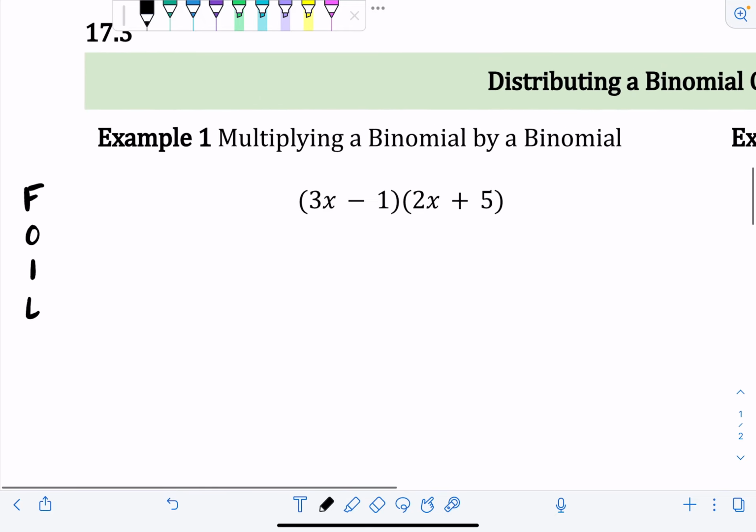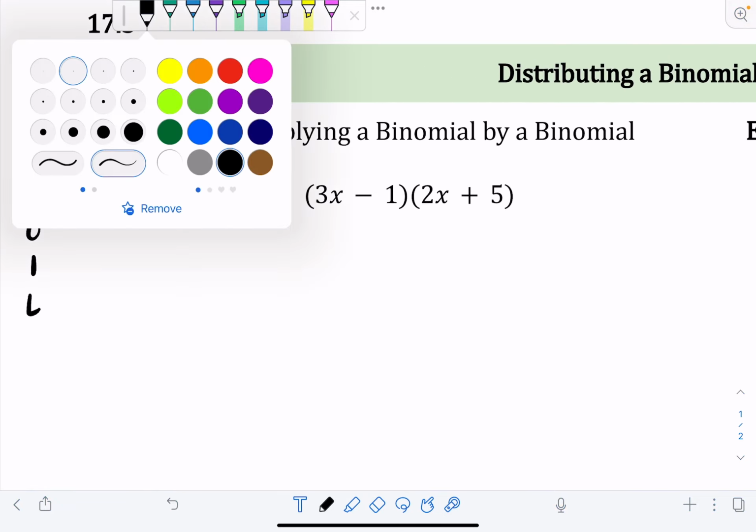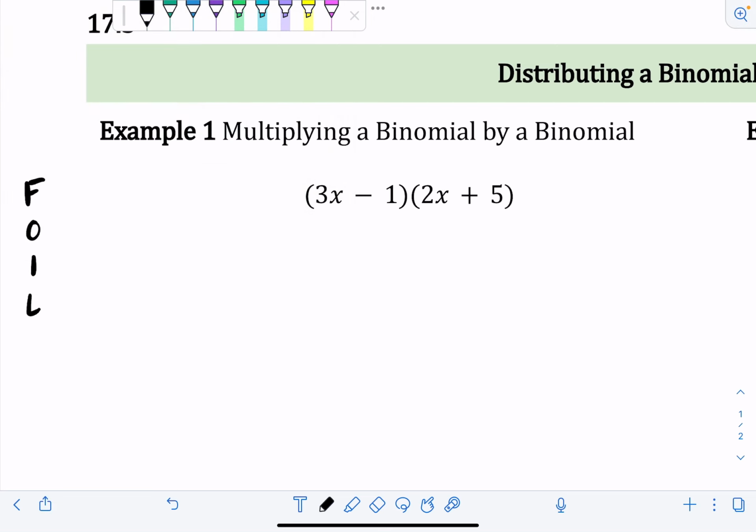The F stands for first, the O stands for outer, the I stands for inner, and the L stands for last. So F is first, O is outer, like outside, I is inner, like inside, and L is last. It's an order that helps us make sure that we multiply everything correctly.